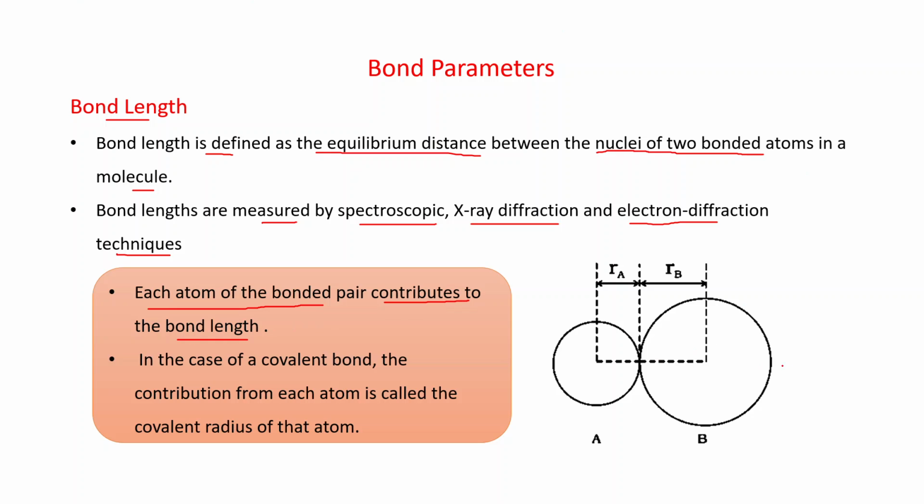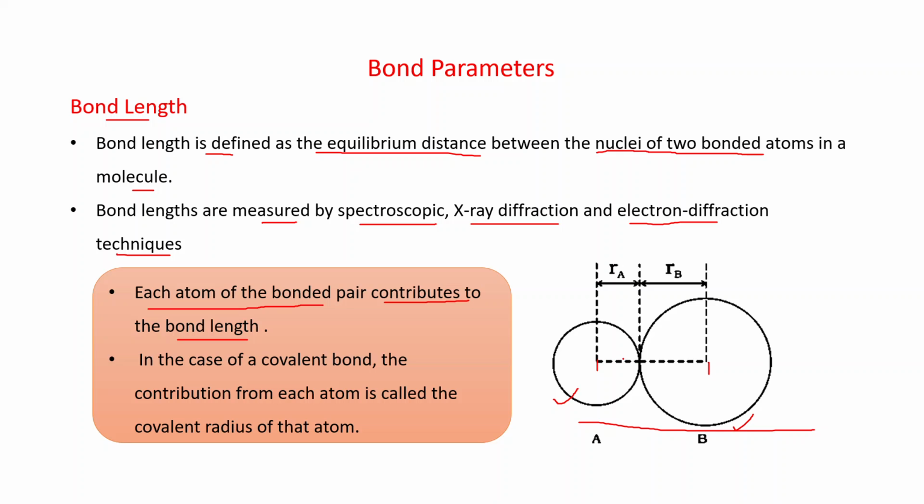In this diagram, you can see one molecule. Atom A and atom B are both bonded in this. The distance from the nucleus of this one to this one is called bond length.